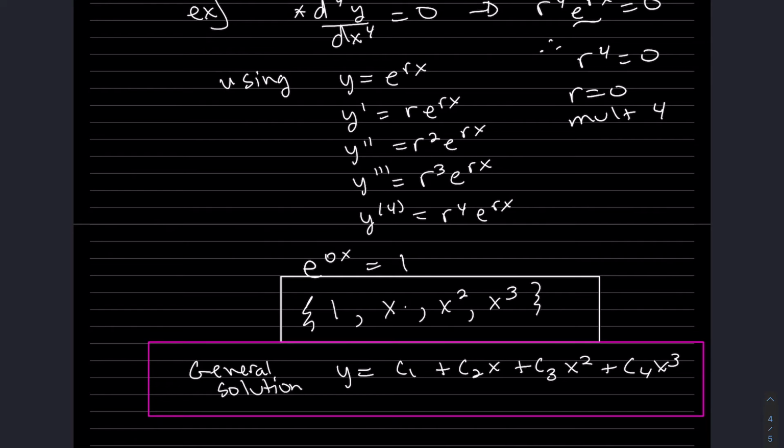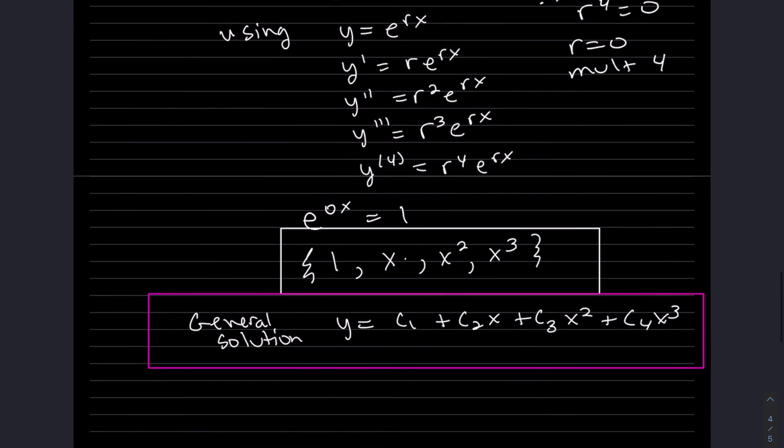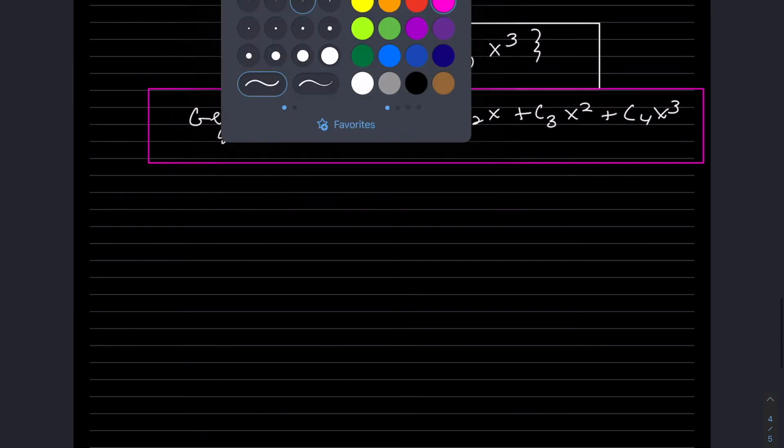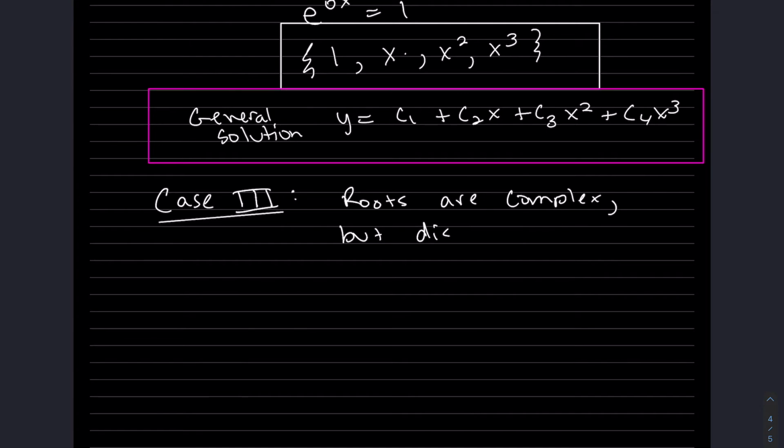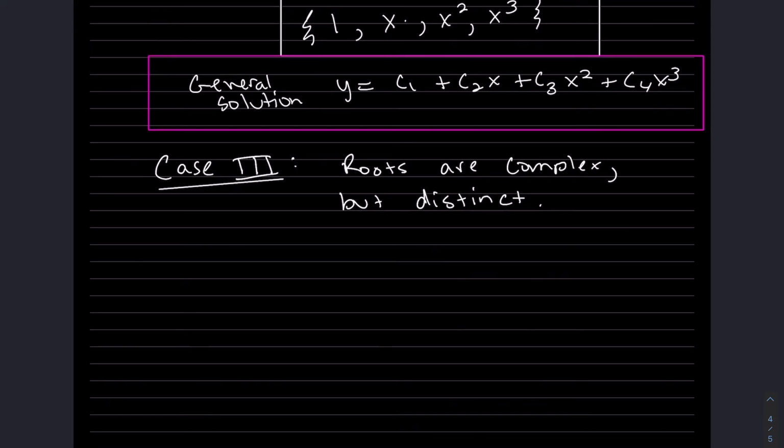Okay, now I'm actually going to cover case 3, complex. Roots are complex but distinct. So definitely we'll be using Euler's formula. And just a note, you might have learned this in pre-calc, maybe not.